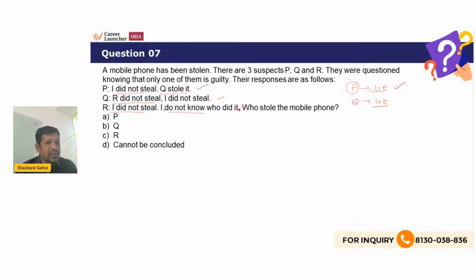R says I do not know who did it. That is also the truth. So in that case, this guy is speaking the truth, this guy is speaking the truth, and this guy is lying. It means Q can also be the guilty, right? So I am getting two possibilities: P can be guilty as well as Q can be guilty. So in this case, I am unable to conclude who actually did it.